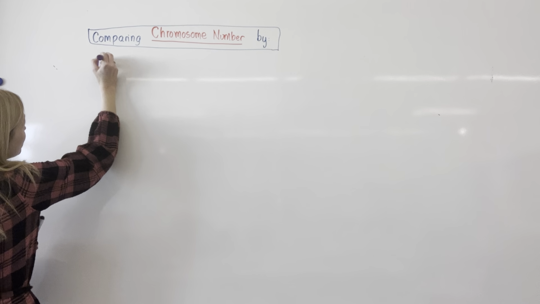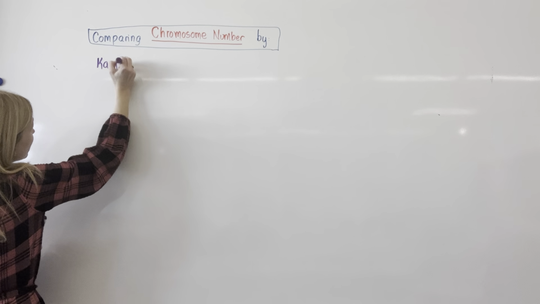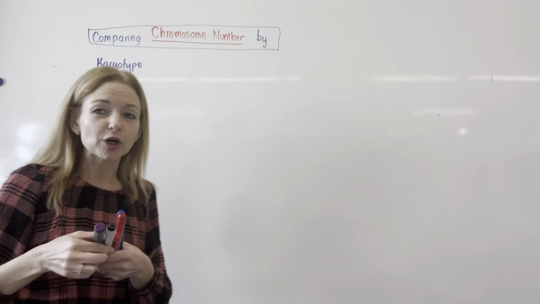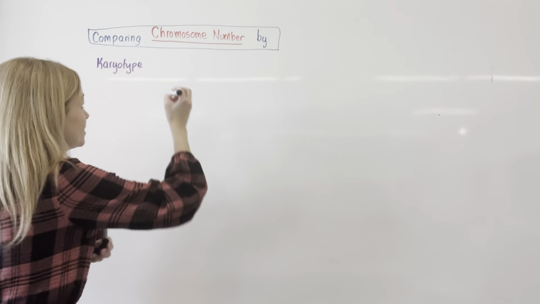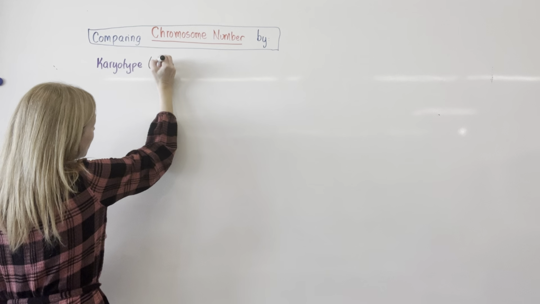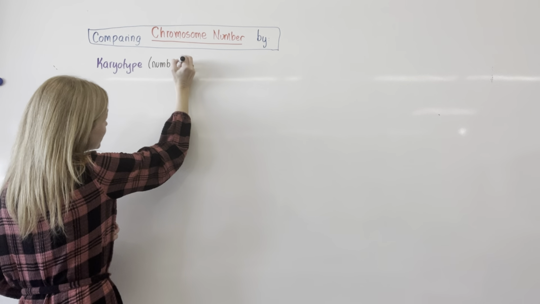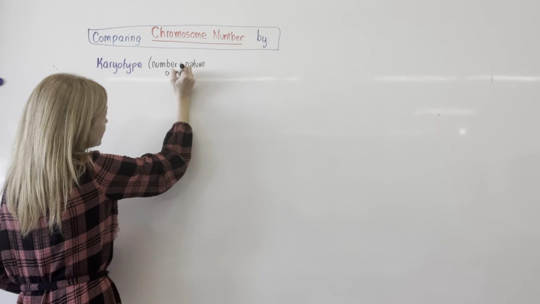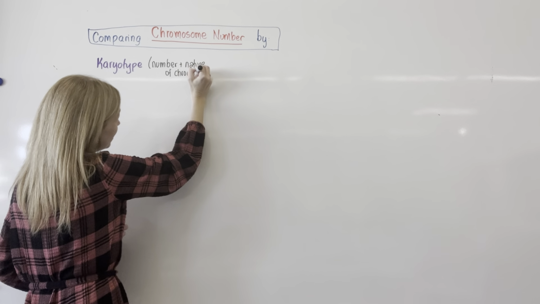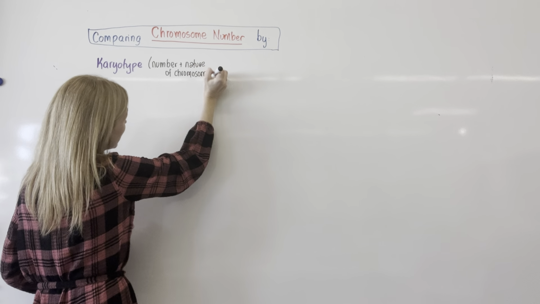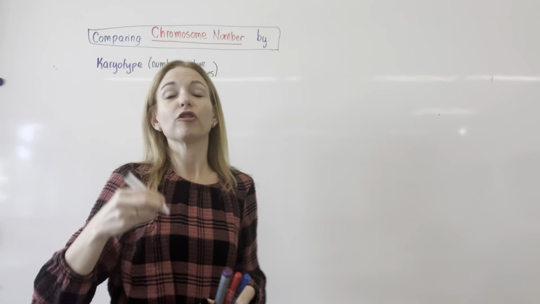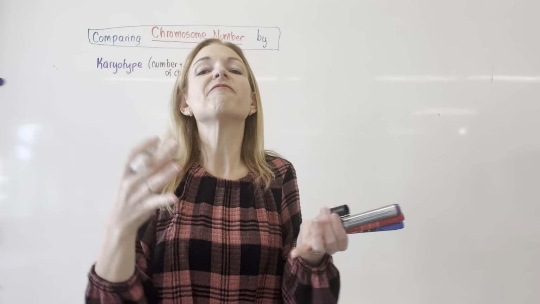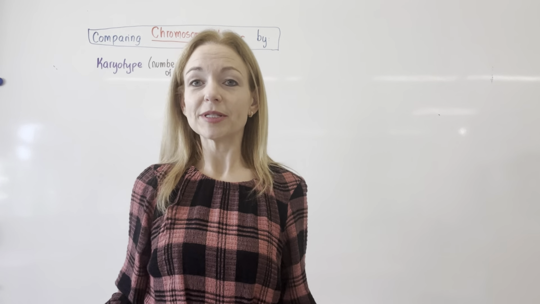So a karyotype is basically information on the number and nature of the chromosomes. So if you were to know someone's karyotype, you would know how many chromosomes they have, if they have any chromosomal abnormalities, what their sex chromosomes look like. So it's information about their chromosomes.